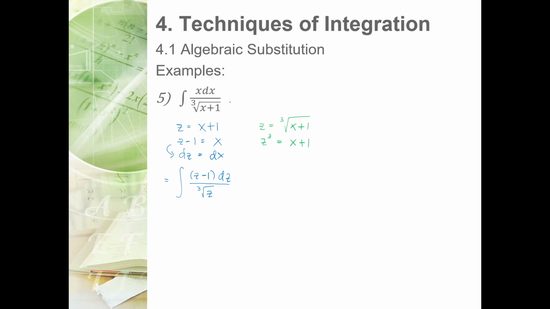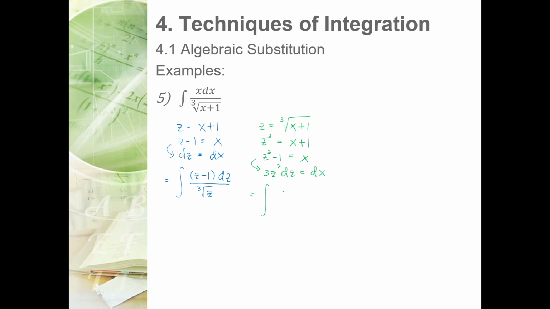Again, since we have an x variable in the numerator, isolate x first. Then we get the derivative: 3z squared, minus 1 is 0. So dz is equal to dx.